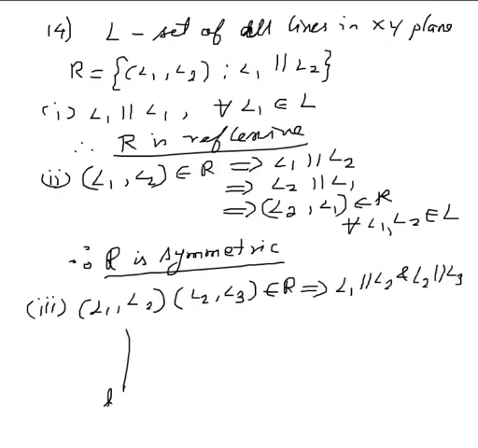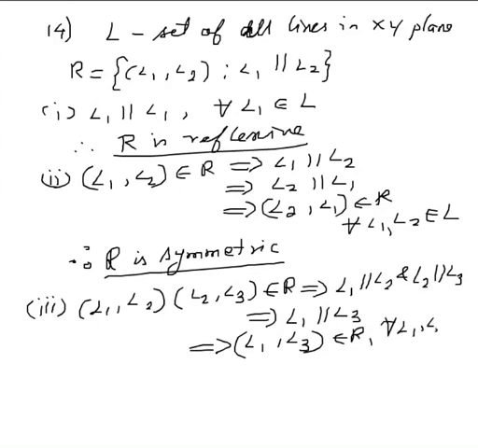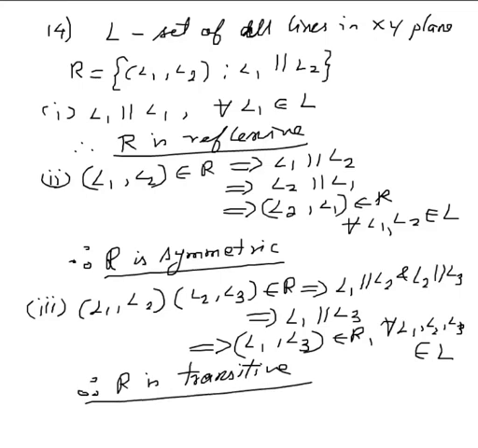So I can say that L1 and L3 are parallel, which implies (L1, L3) belongs to R for the three elements L1, L2, L3 taken from the set L. Therefore, R is transitive. So all three conditions are true. Therefore, R is an equivalence relation.